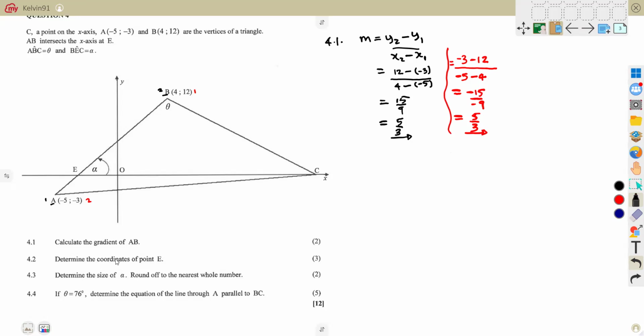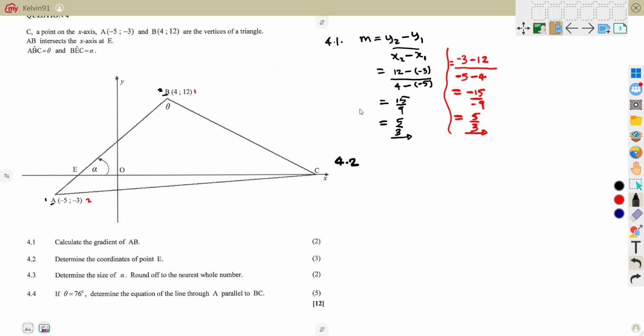Then the second one is saying determine the coordinates of point E. And point E, we are told that it's the x-intercept of AB. So it means we need the gradient, we need the equation of AB.